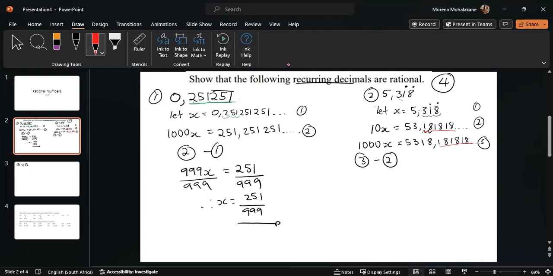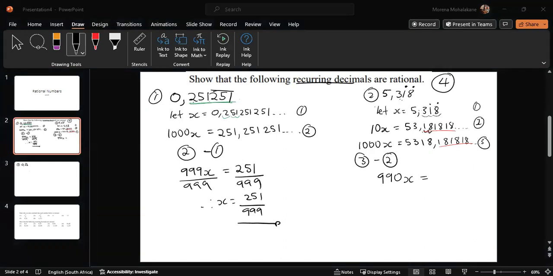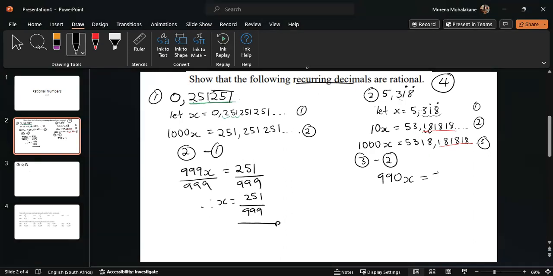So I have 990x being equal to 5,318 minus 53, which gives me 5,265.